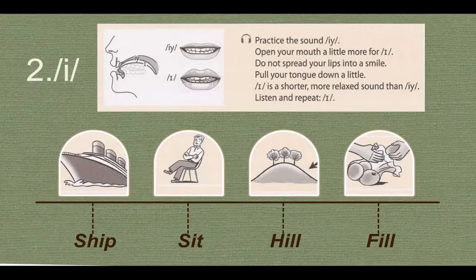So let's practice this sound. /ɪ/ in sip, sit, hill, feel. Okay, so practice again: sip, sit, hill, feel. Here is the sound /ɪ/. So we have two vowel sounds. The first one is /i:/, a long vowel sound, and the second one is /ɪ/, a short vowel sound.